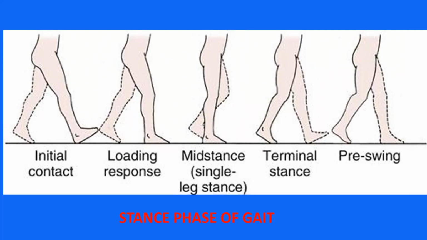Look at the normal foot, not the dotted area. Okay, it will tell you heel strike, heel flat, foot flat, toe off of the opposite extremity, heel strike of the opposite extremity. Then you have toe off, and then you go into the swing phase again.